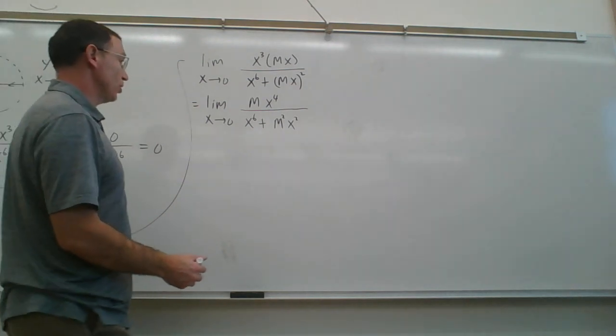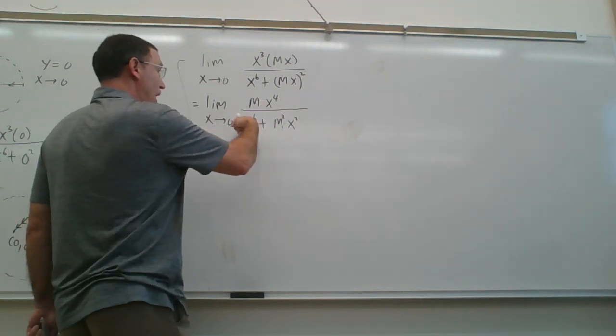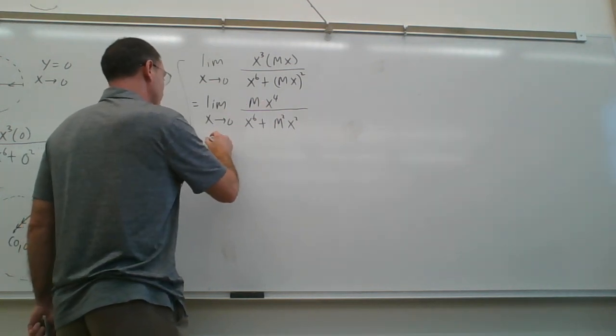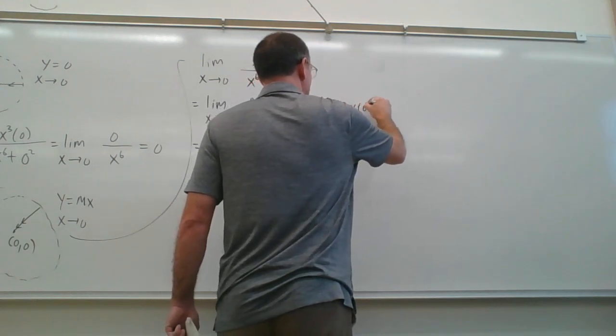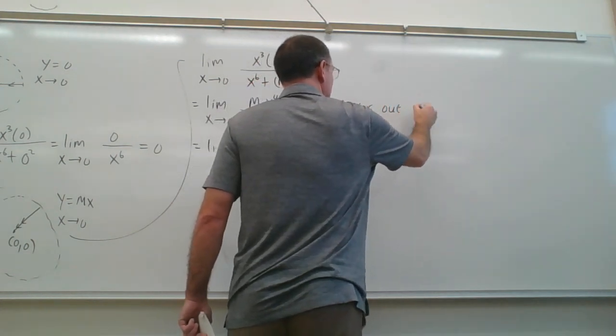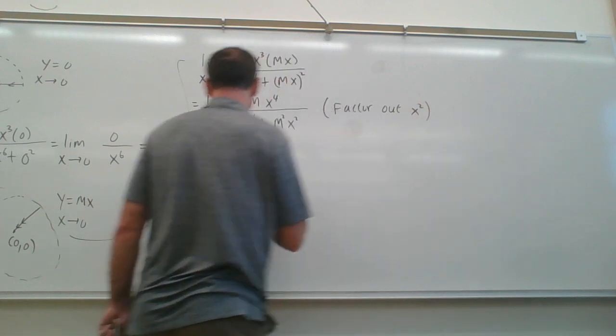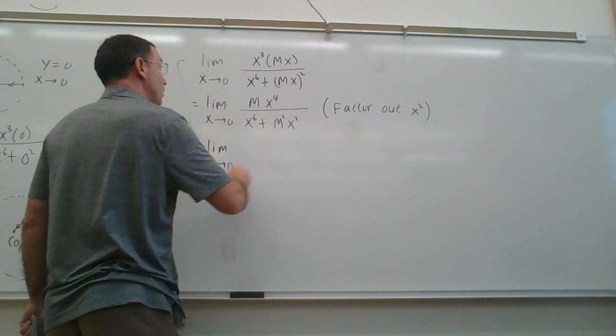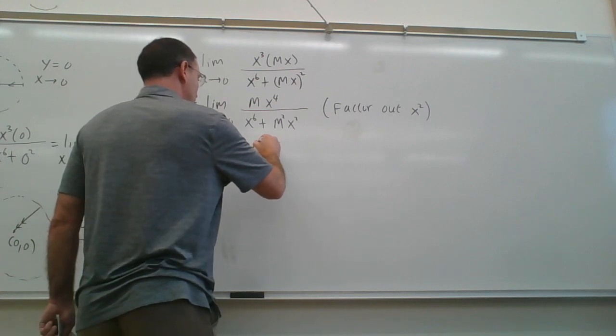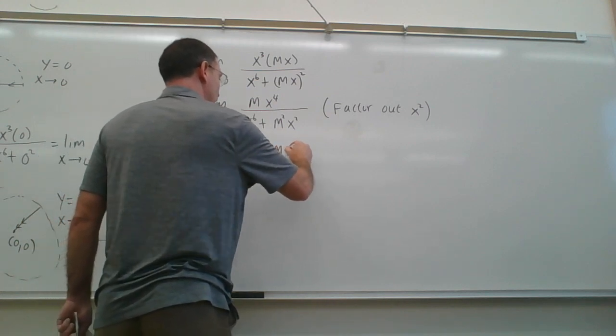We could factor an x squared out from the top and bottom. Let's do that. So factoring out x squared, we'll have an x squared in front here, and an m x squared left here.